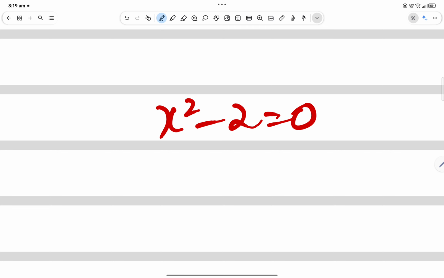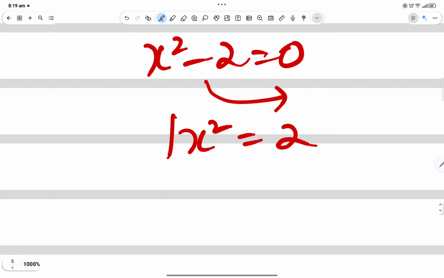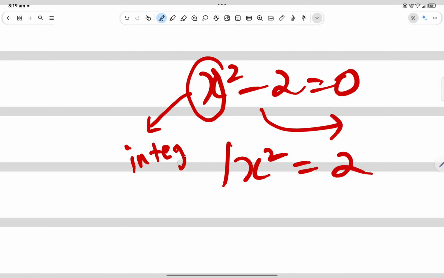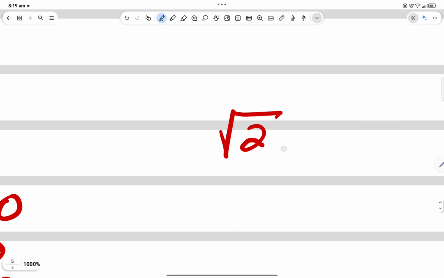Now here the coefficient is 1, which is an integer, and we know that it doesn't have only the square root of 2, it has positive and negative square root of 2.